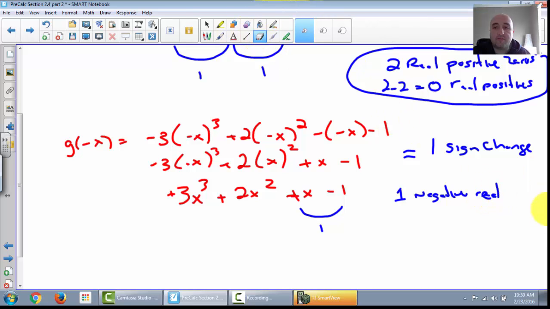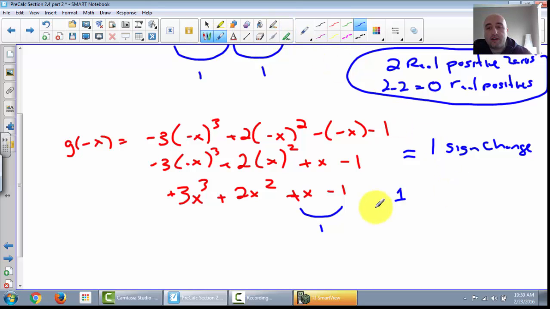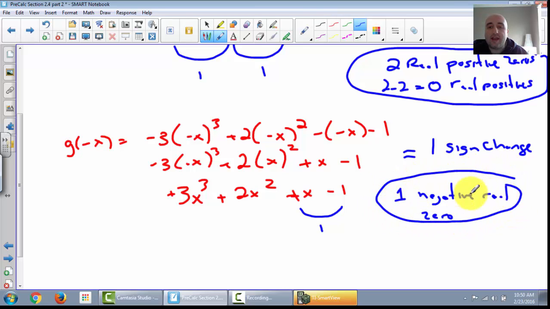Sorry, I'm going to rewrite that. It's terrible handwriting here. So we have 1 negative real, or 0 if we go less than 1 by 2. So 1 minus 2 would be negative 1. We can't have negative 1 real zeros. So we have 1 negative real zero, and 2 real positive zeros or 0 real positive zeros. Those are our only options.